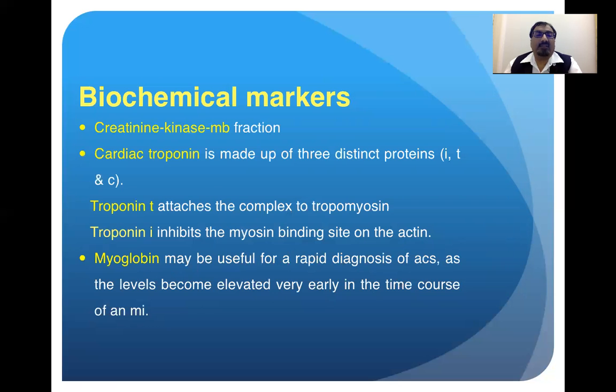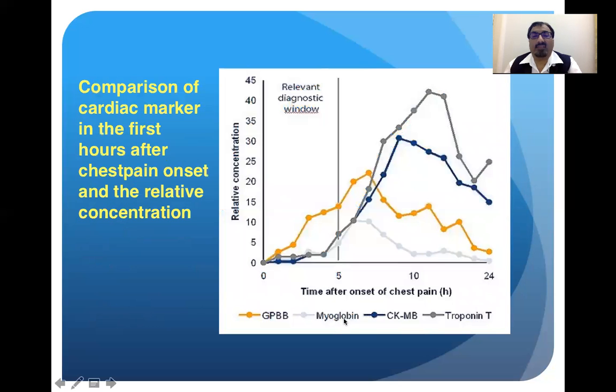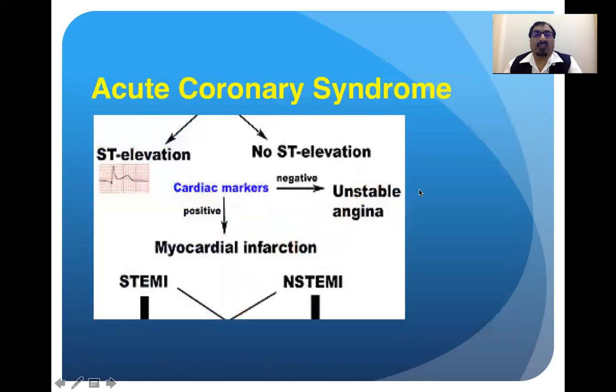And nowadays we are only focusing on this. Myoglobin is not used too much, but CK-MB and troponin are the ones which are commonly used. And this is showing you the total span, how the enzymes reach their peak and then descend down. So this is all about this.